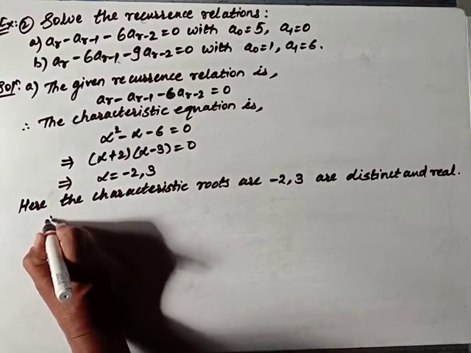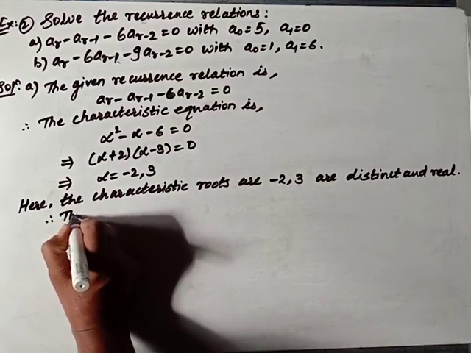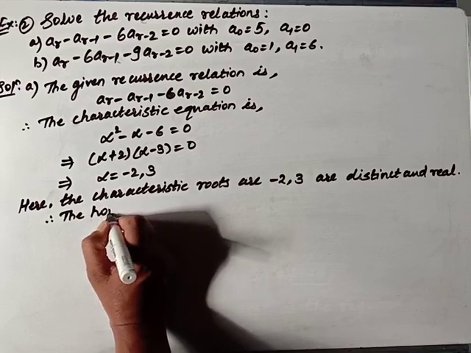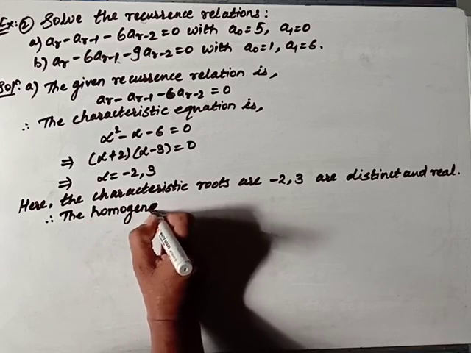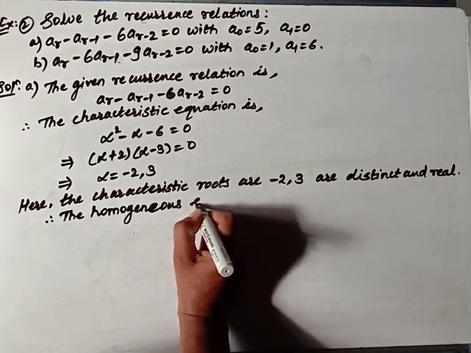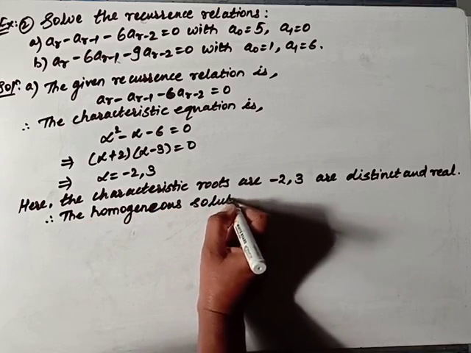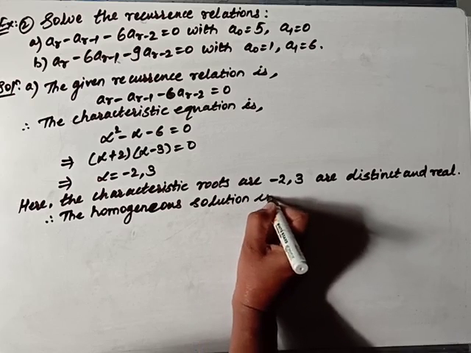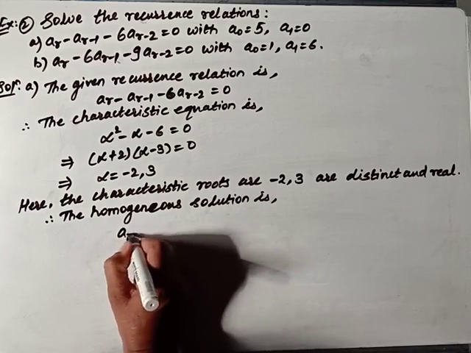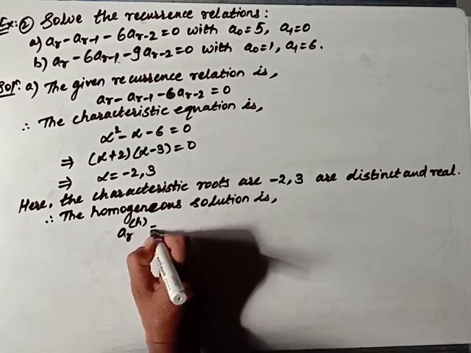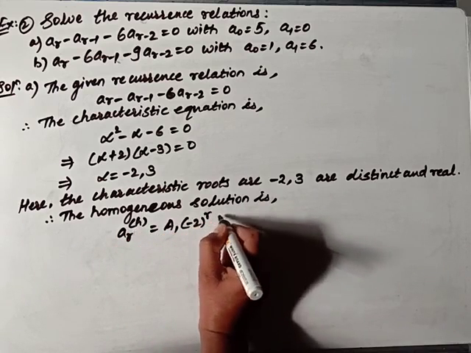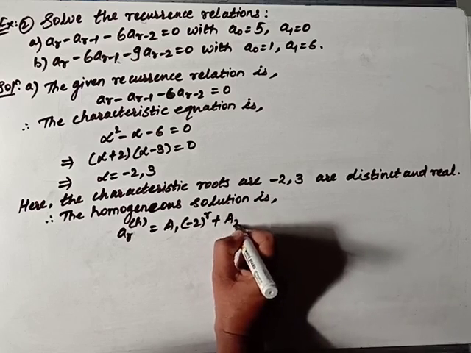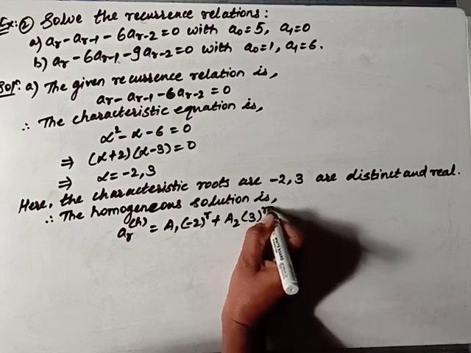Therefore, the homogeneous solution will be a_r^(h), that is A_1 into minus 2 raised to r plus A_2 into 3 raised to r.